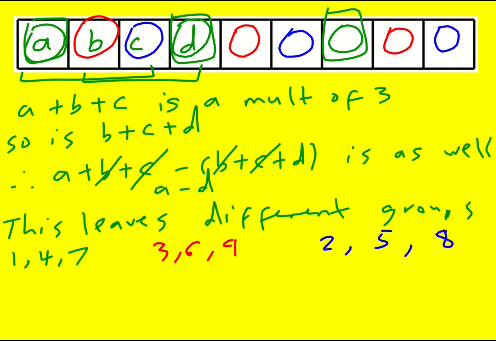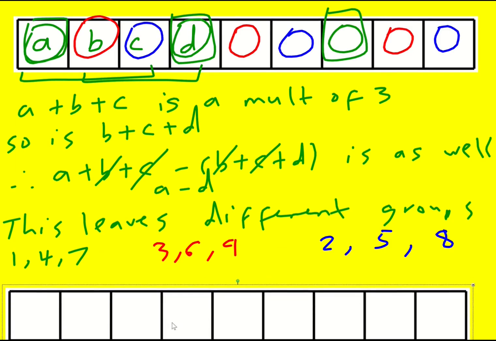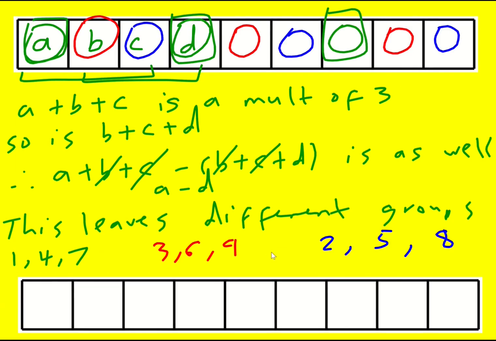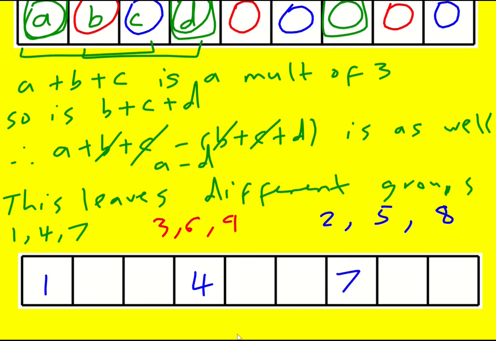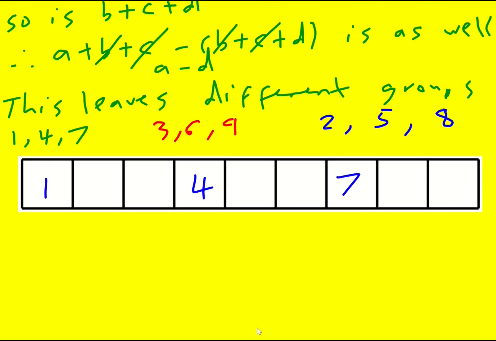Okay, so we now can think about the different ways of arranging these little groups of numbers, essentially. So we could put 1, 4, and 7 here, for example. But there are 3 things that I'm arranging, so there's going to be 3 factorial ways of moving these around.